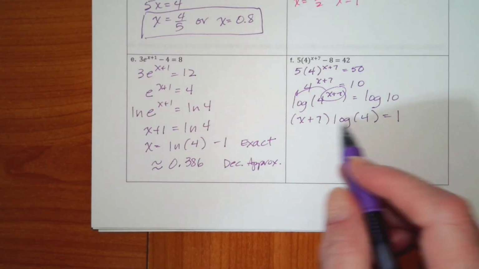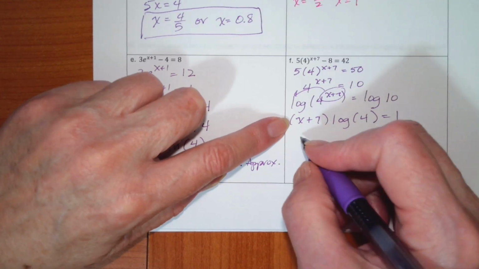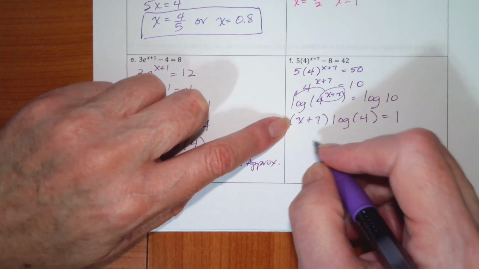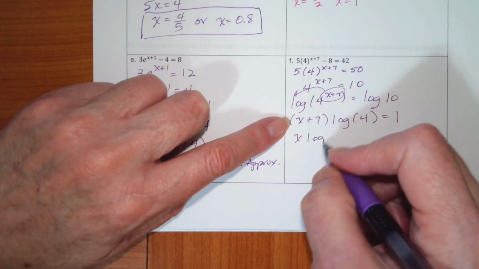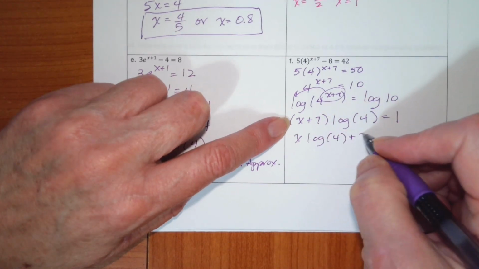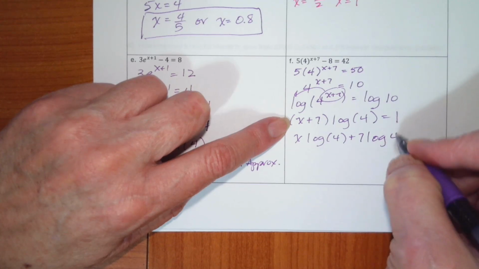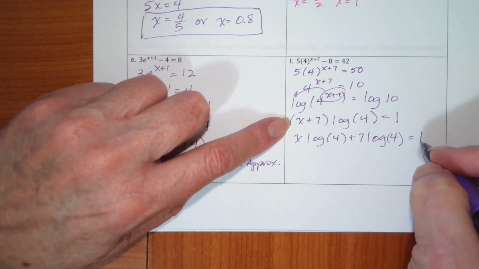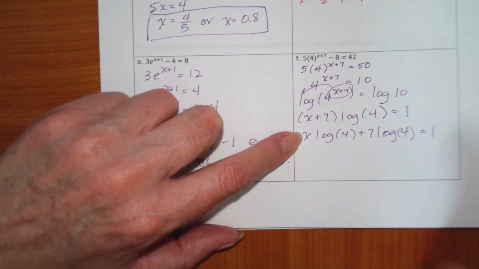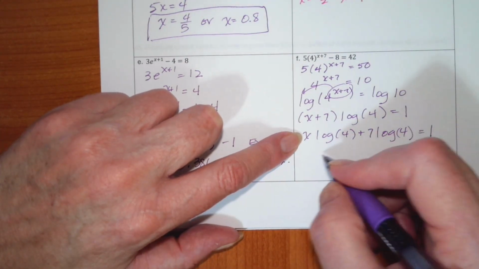So let's see. I can split this up and write this as x log 4 plus 7 log 4 is equal to 1. And I'm trying to get the x by itself. So what I'm going to do here is subtract this.